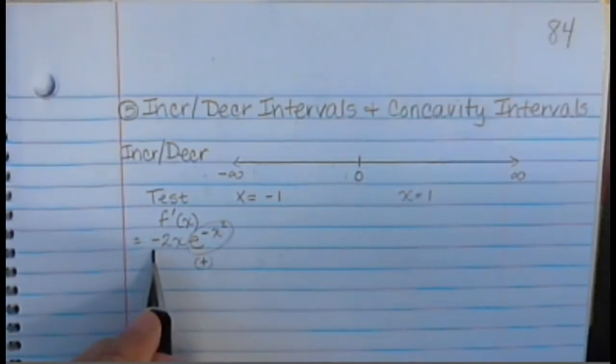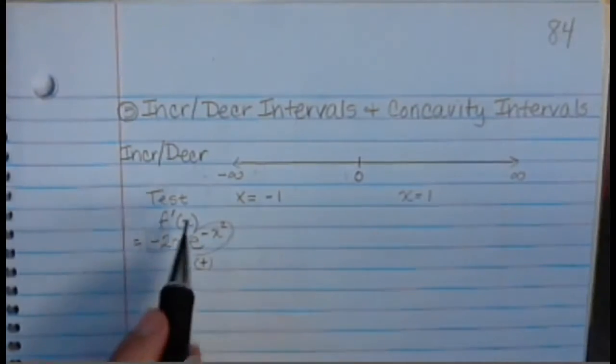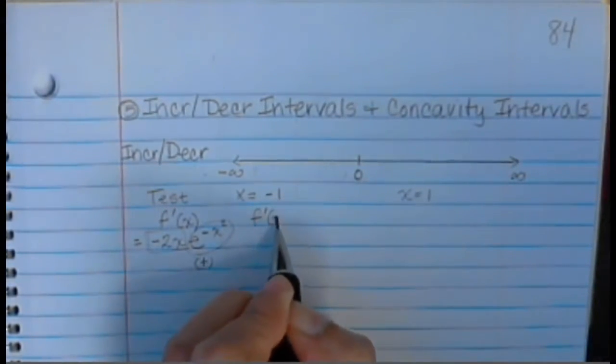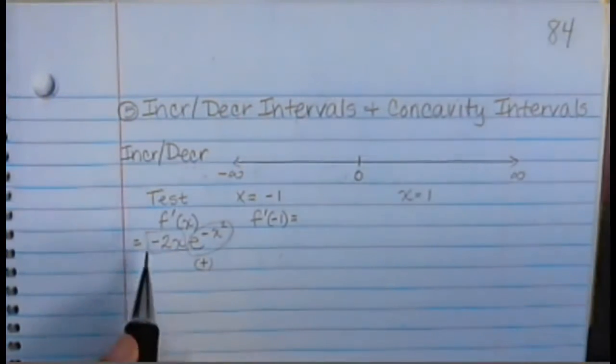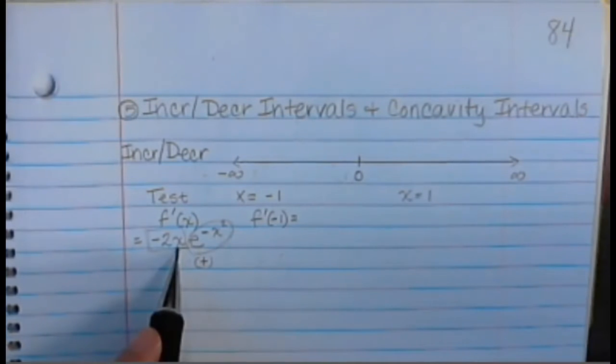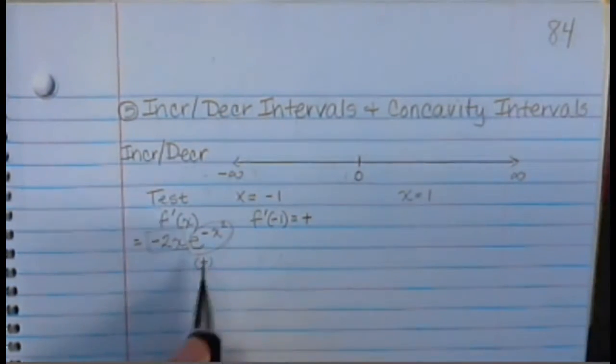So the question is, what happens when I plug in our values? So when I plug in negative 1, f prime of negative 1, remember we're not looking for a number, but we can find it. I'm going to put in a negative 1 here. I have negative 2 times negative 1 is a positive 2 times this positive number.